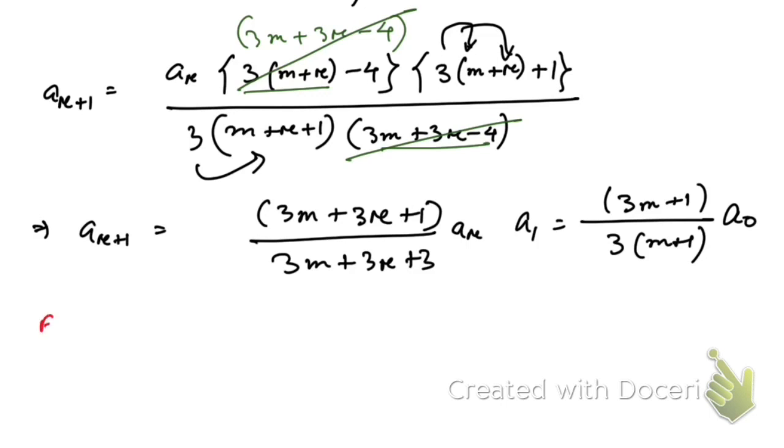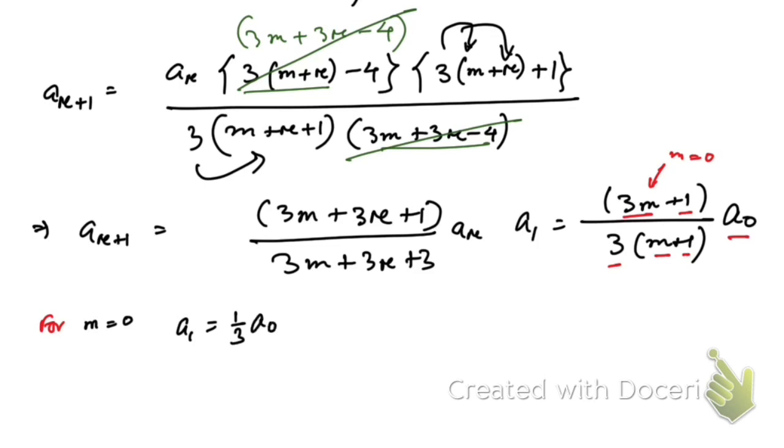So for m is equal to 0, what is going to be the value of a1? So a1 will be equal to, if you put m is equal to 0 here, then this thing is going to be 0, only 1 left here. 0 plus 1, 1 by 3, so that's what you will get. So 1 by 3 into a naught, right?